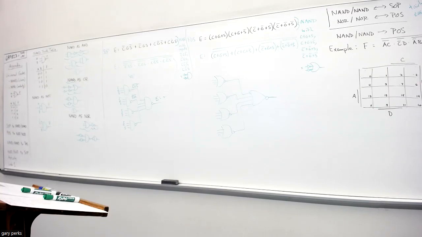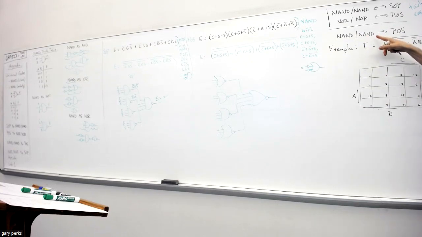And that's what we're going to do next, because to go from NAND to POS, you're going to see involves a K-map. And to go from NOR to SOP requires a K-map. So it's a little bit more work than this here. No K-map was involved here. All right, so let's see how this is done with an example.